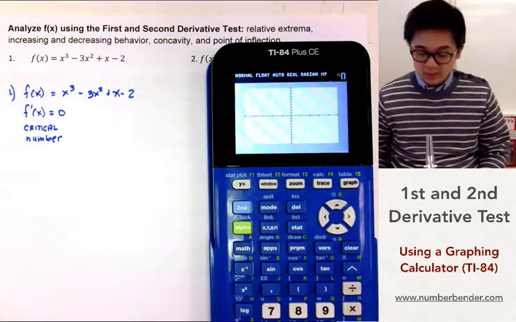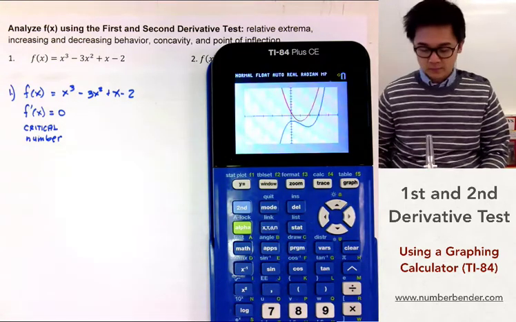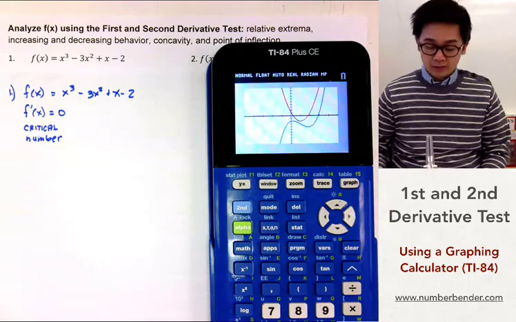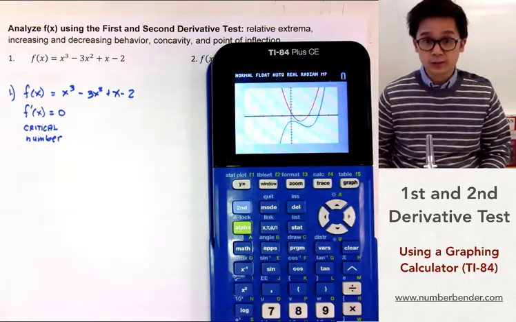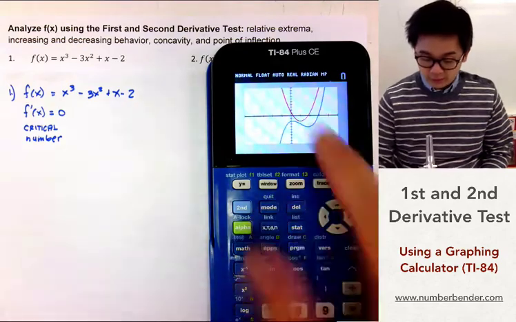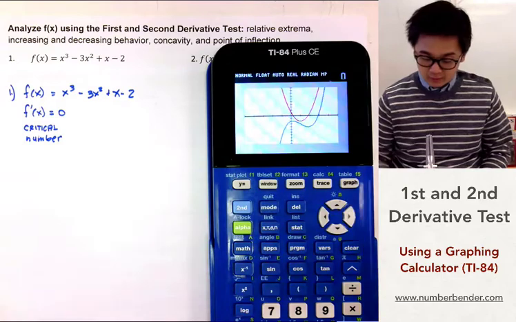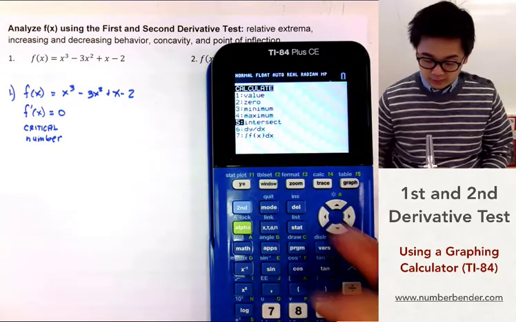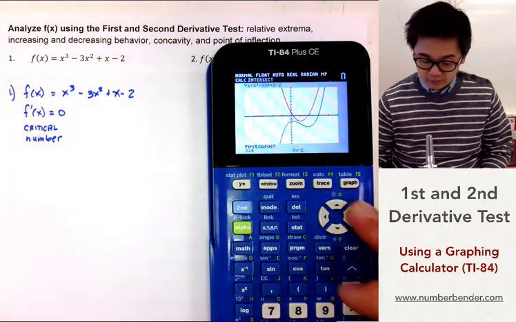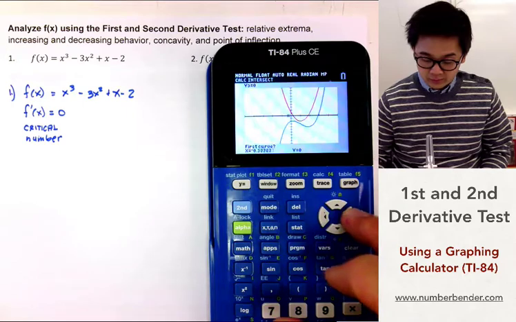So when we see our graph, now that it is a little bit bigger, we can concentrate on the derivative function, which is the parabola opening upwards. To find the point of intersection of the red graph along the x-axis, just push second function trace and go to intersect, and we'll find the point of intersection where y equals 0.